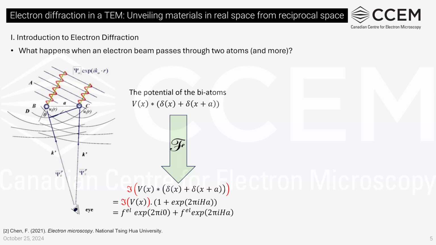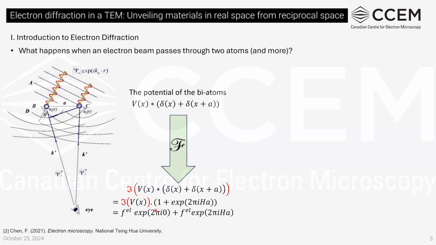The second atom, which is at the relative position A away from the first atom, produces the phase shift. The summation of the two parts gives the interference of the two diffracted waves. So actually, in Bragg's law, 2d sin theta equals lambda is hidden in this formula.